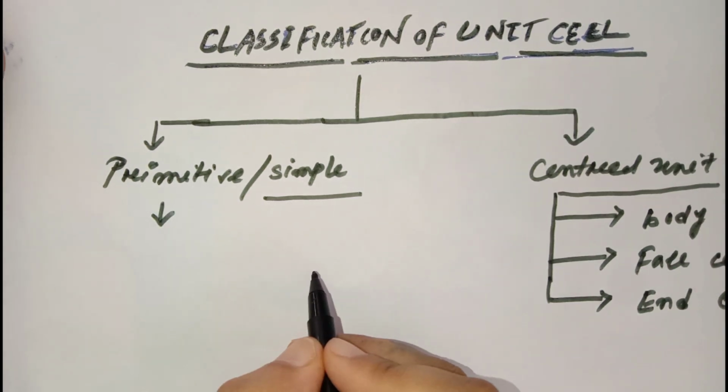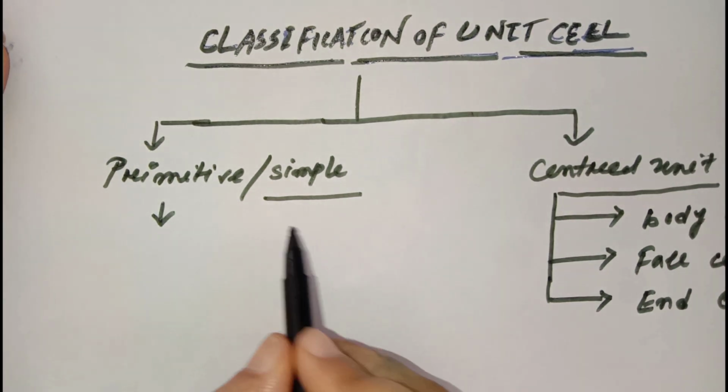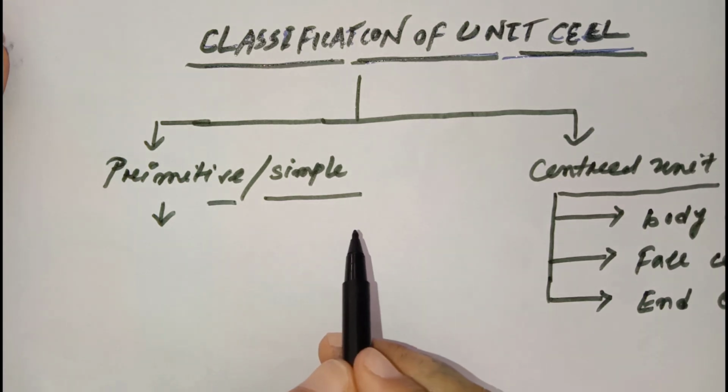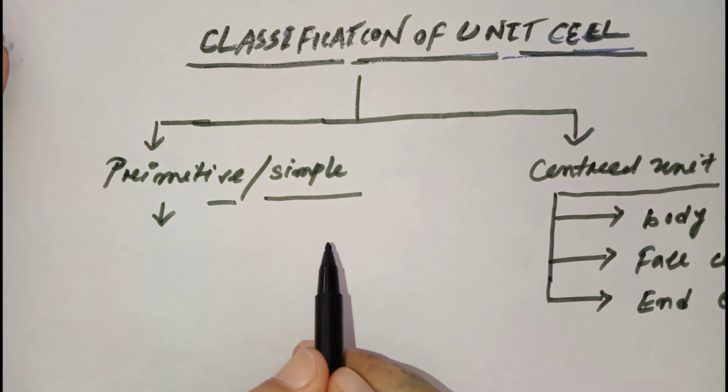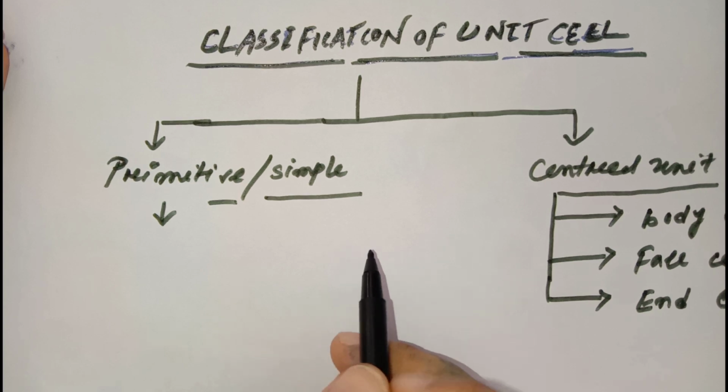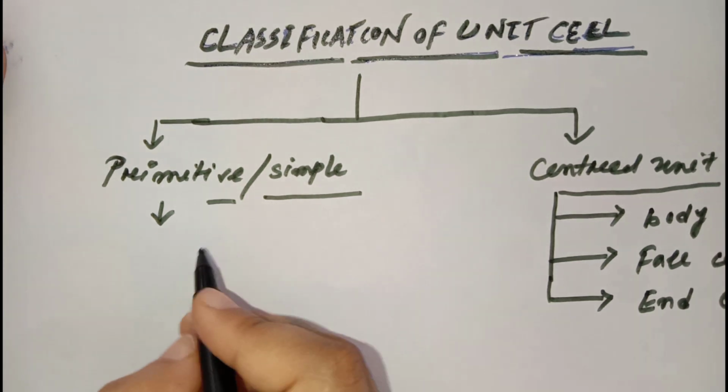In this type of unit cell, the constituent particles or atoms are present only at the 8 corner positions of that cell. So what is the definition here?